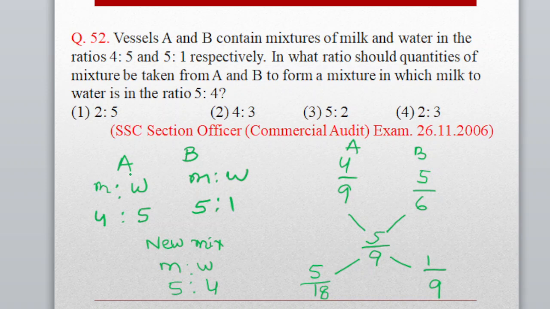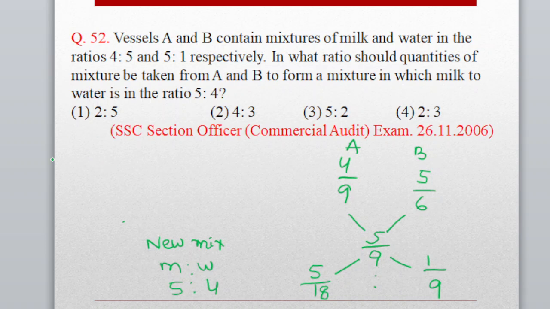Now here listen, then the ratio is 5/18 to 1/9. Since it is given in fractions, we have to convert it into whole numbers. The LCM of 18 and 9 is 18, and we multiply 18 into each fraction.